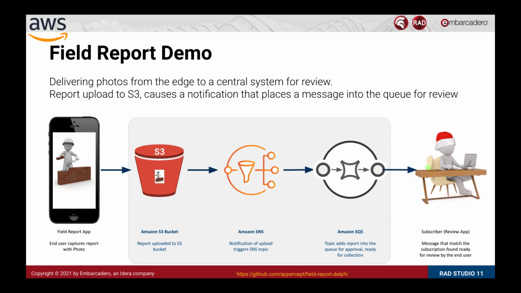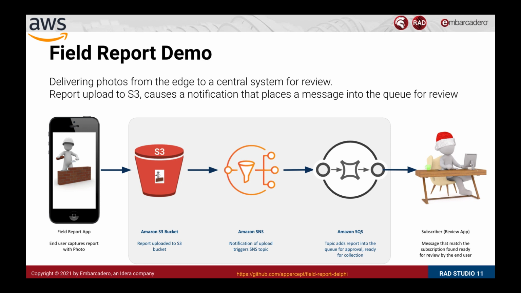But in this example here, we've got one queue that is subscribed to the SNS topic, and then we've got an application, the review app, which is a desktop application that will show you a message that comes in, let you review the content and decide whether you want to discard or archive that item of data.